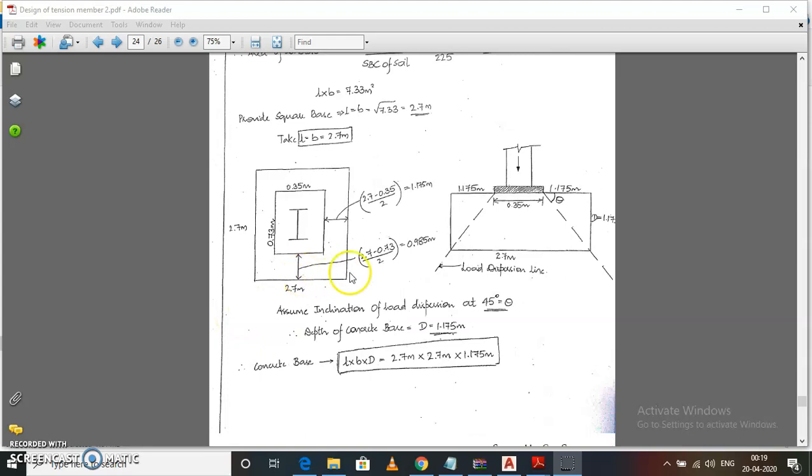Now, assuming 45 degree load dispersion from the face of the base plate, we will calculate the depth of the foundation. You can see this is 2.7 meter, this is 2.7 meter. The length of the base plate is 0.73 meter and this is 0.35 meter. In this case, this extension is 2.7 minus 0.35 divided by 2, that means 1.175 meter.